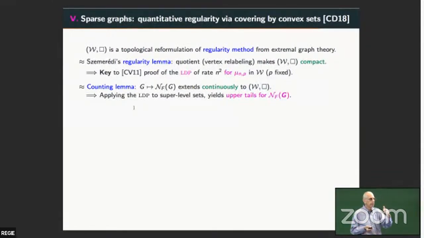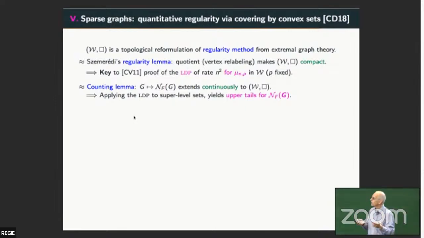This is actually the space that makes all of them continuous and doesn't make anything else continuous. That's one way to define it as well. So since they are continuous, you can apply your large deviation. Large deviation applied to a continuous function is similar to weak convergence applied to a continuous mapping. And you can get yourself the upper tail of this. So these two facts are really the key to the paper of Chatterjee and Varadhan.